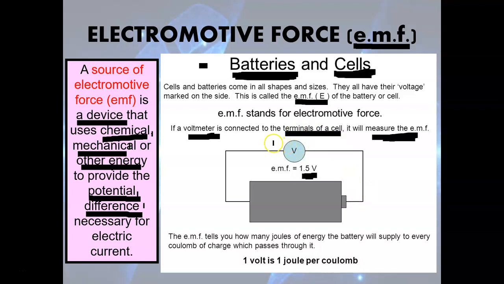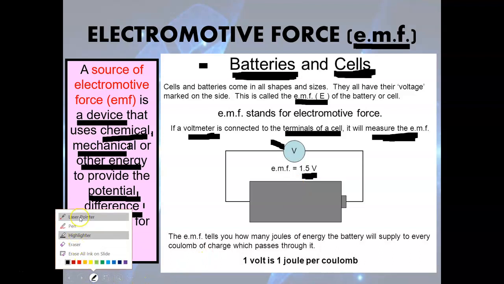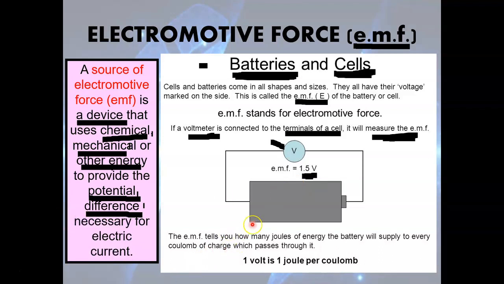The reading I will observe on my voltmeter is supposed to be equal to 1.5 volts. The EMF also tells you how many joules of energy the battery will supply to every coulomb of charge which passes through it, because 1 volt is equal to 1 joule per coulomb.